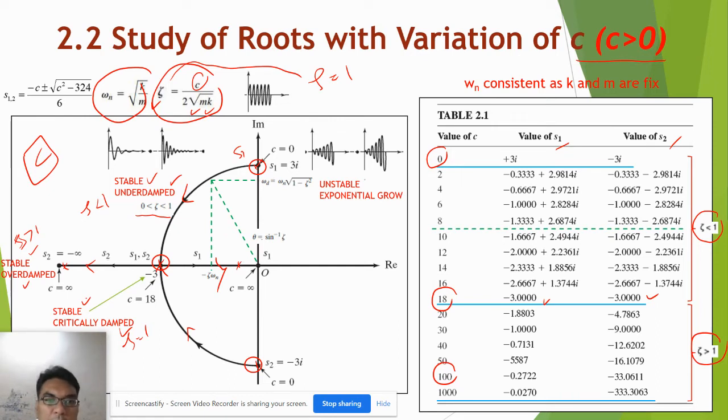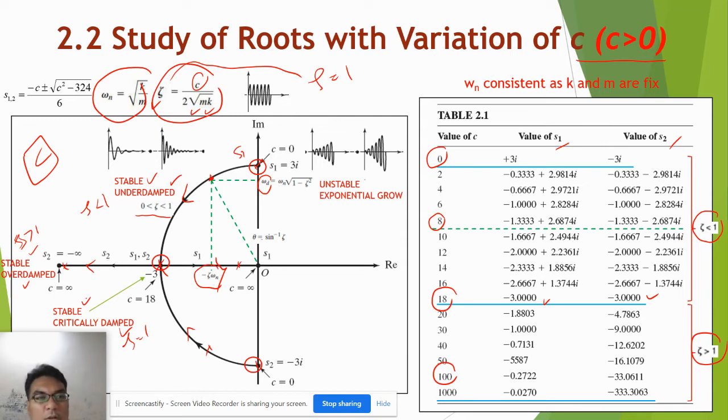Also, there are other parameters that you can get. When you take, for example, this point, you can verify at this area, maybe the value of C equal to 8. You can have a plot S1 here and S2 here, so you can verify it. The reading value here is equal to omega d, and when you project the line here, it is equal to minus damping ratio multiplied by omega n.